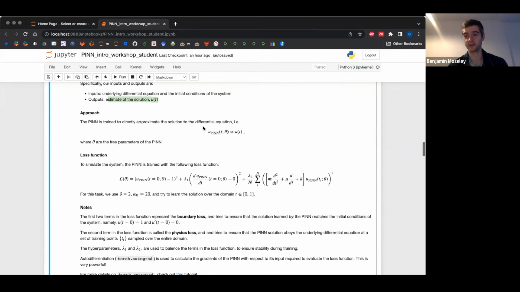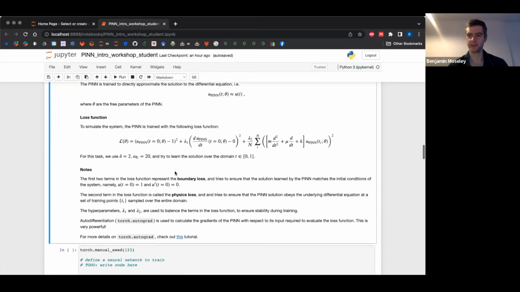As I mentioned in the presentation, the PINN is going to be a direct functional approximation of the solution. So the PINN is just a neural network that takes in the time coordinate, in this case a single value, and it has a bunch of free parameters or weights, represented by theta here. I'm going to say that the function it learns is approximately the solution.